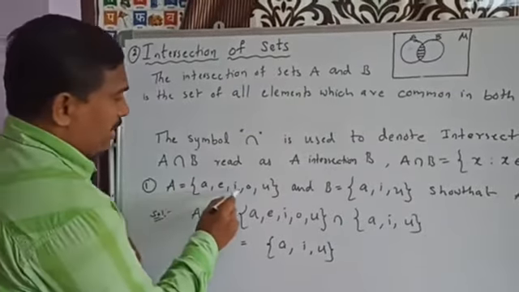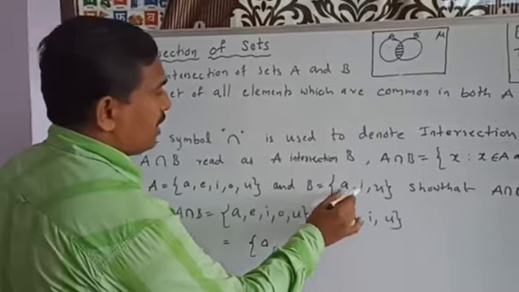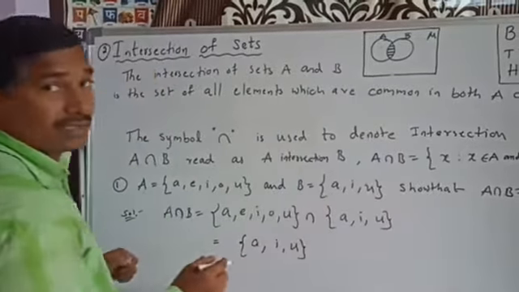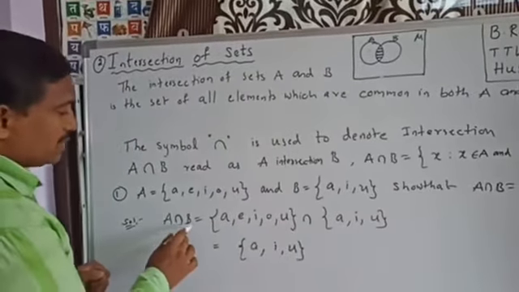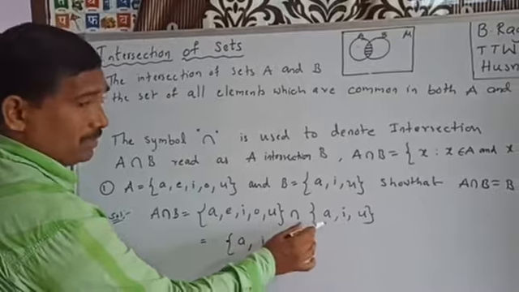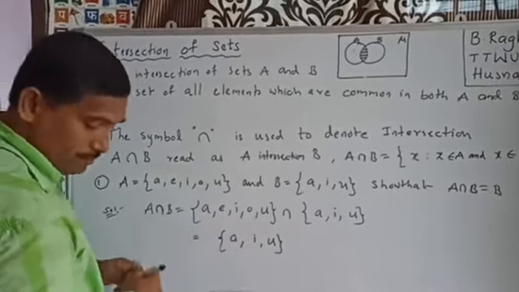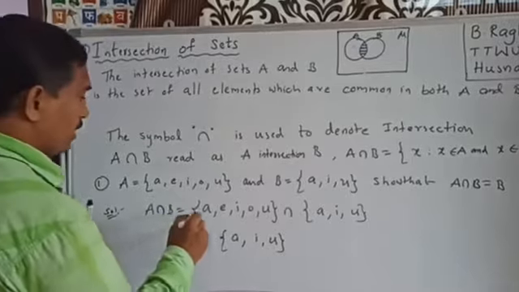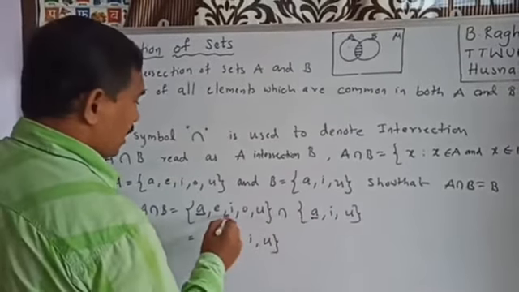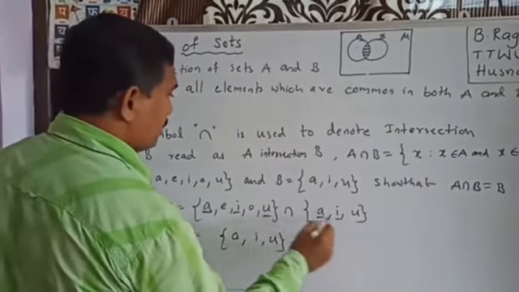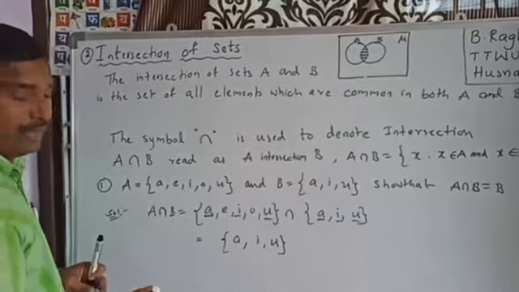A = {a, e, i, o, u} and B = {a, i, u}. Find A intersection B. A is the set, intersection B. What are the common elements? a, i, u. These are the common elements.